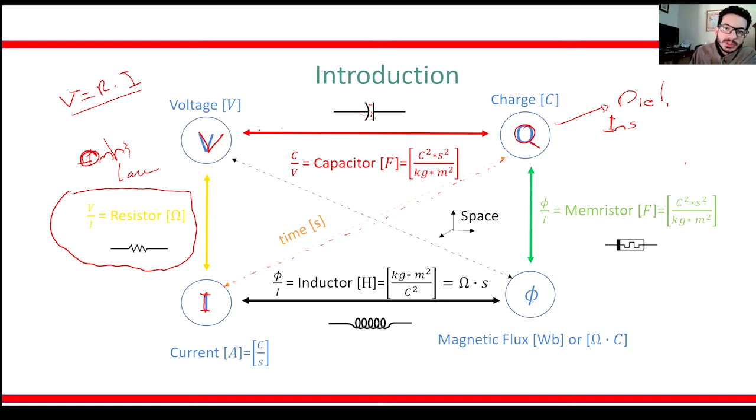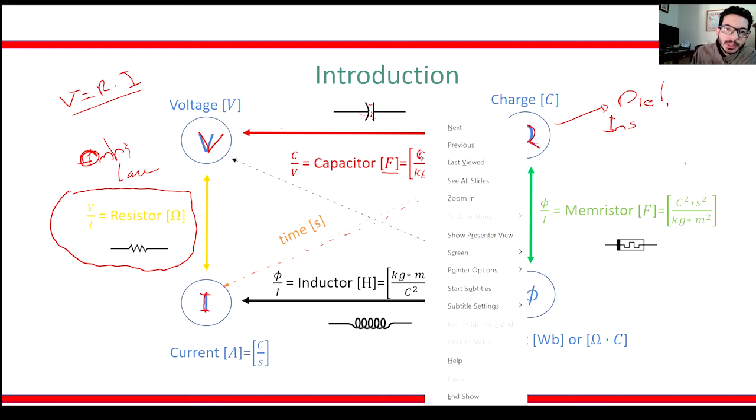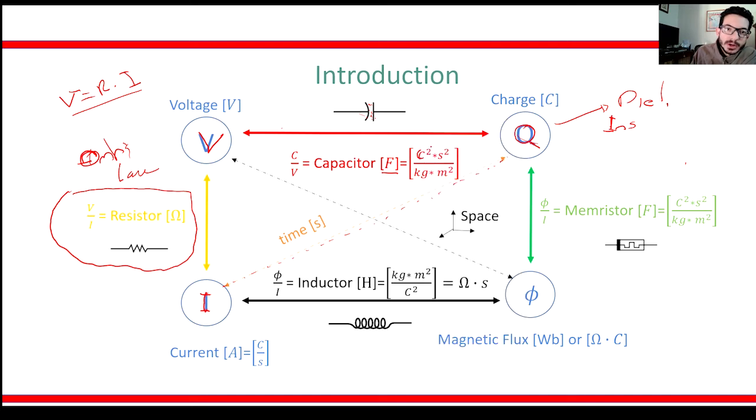Okay, so voltage and electric charge, these quantities are related through something called capacitance. The units of capacitance are farads, after Michael Faraday. In the International System of Units, it's basically coulombs squared times seconds squared divided by kilograms per cubic square meters.